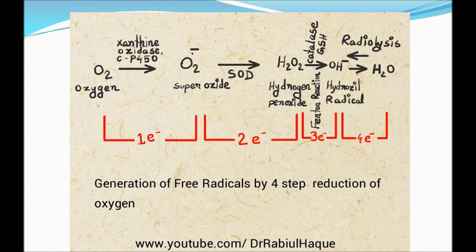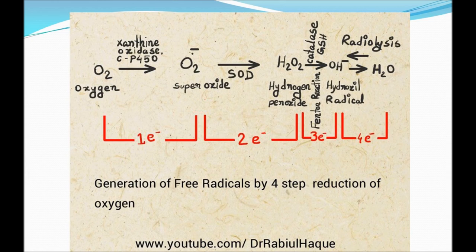Moving on to the third step, here we can see that hydroxyl radicals will be produced from hydrogen peroxide. Always remember, hydroxyl radicals can be produced in two ways. The first mechanism is from hydrogen peroxide, and that involves a reaction known as the Fenton reaction. We will talk about the Fenton reaction in detail after a while.